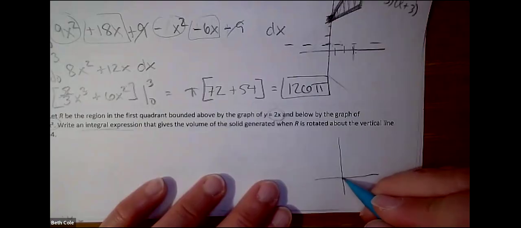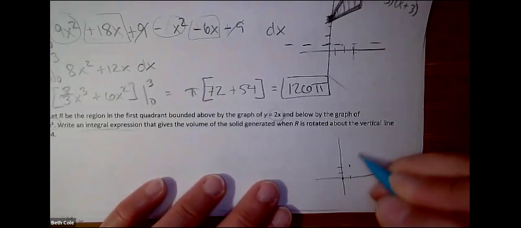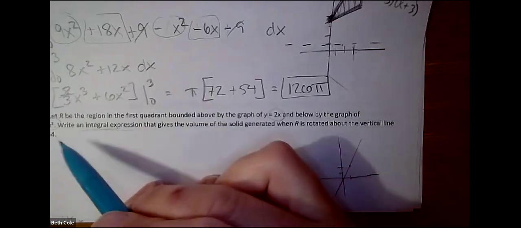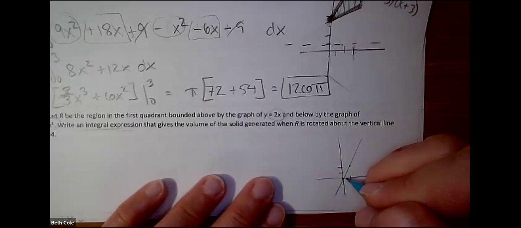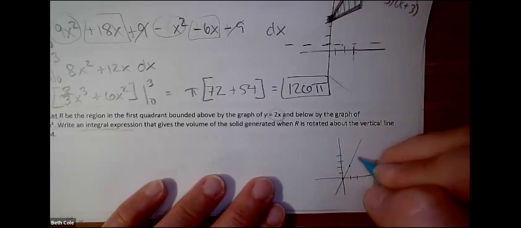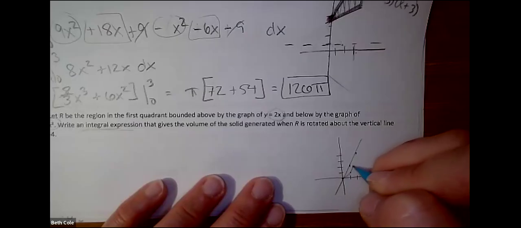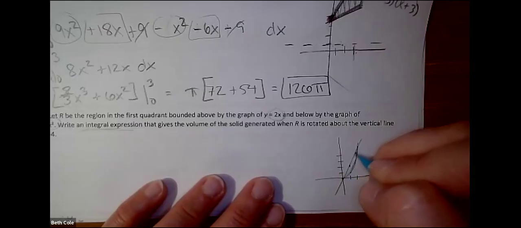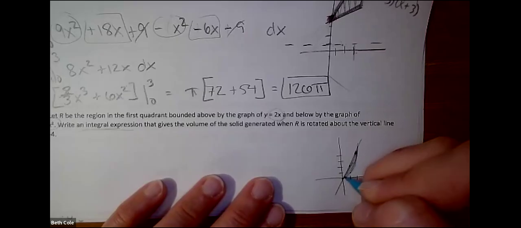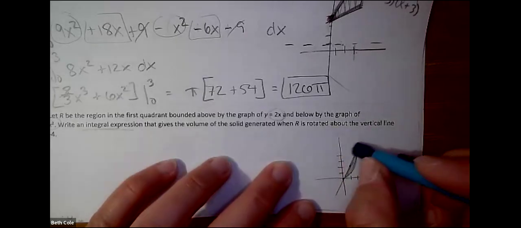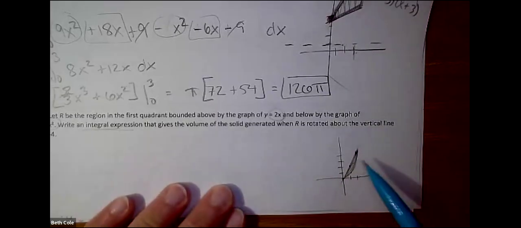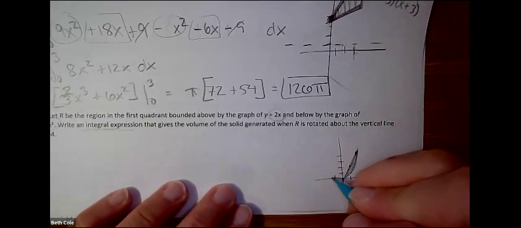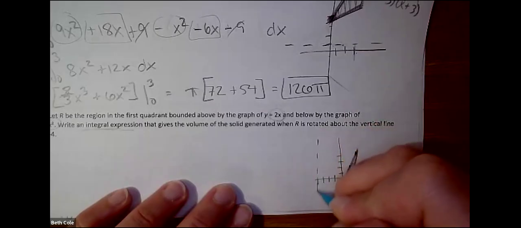So y equals 2x is going to go through the origin, slope of 2. Y equals x squared is going to be a parabola. So something like that. I want to take this little leaf here, this little flower petal type shape. And we're going to spin around the vertical line, x equals -4, which is here.